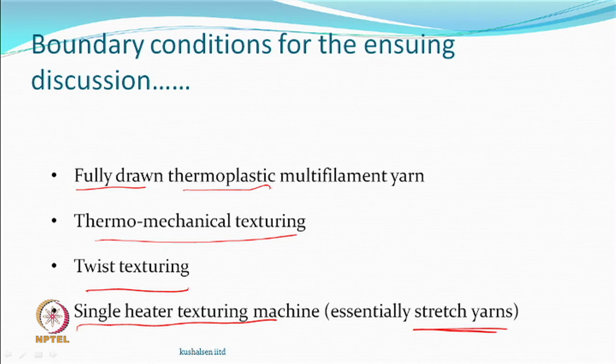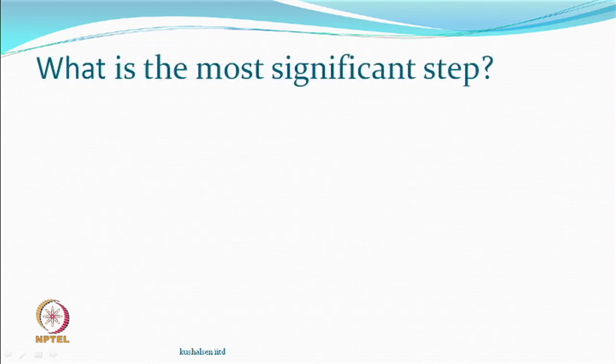All right. So, what is the most significant step out of the 3 steps that we have: twisting, setting and untwisting? While we made a statement that untwisting is very important, yes, but if you do not do any setting, nothing will happen anyway.